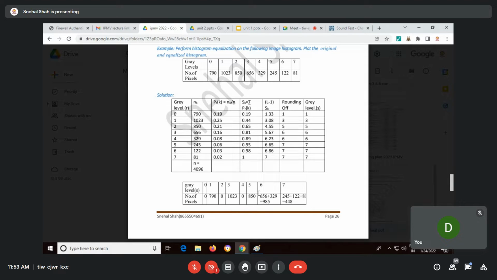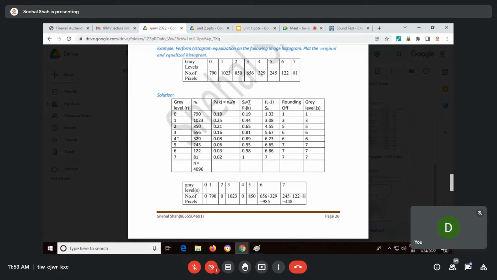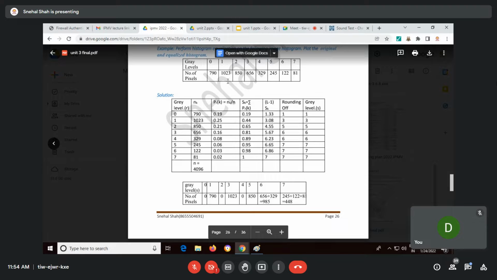Okay, ma'am. I have written 985 for 6 because here you are getting the 6 two times. For the old gray level value 3 and next one 4. For 3 and 4 in the above table you got the number of pixels as 656 and 329.